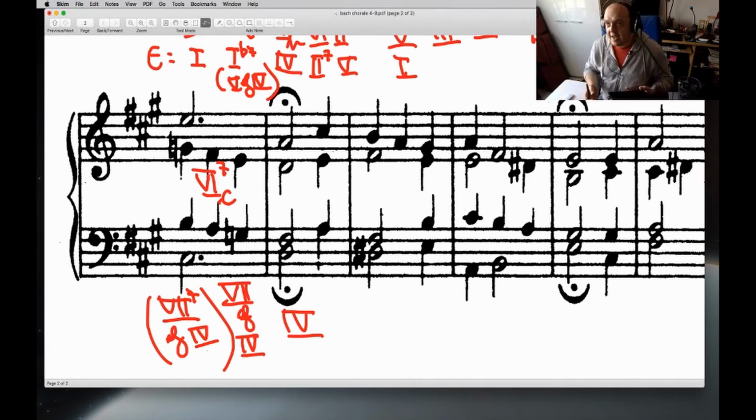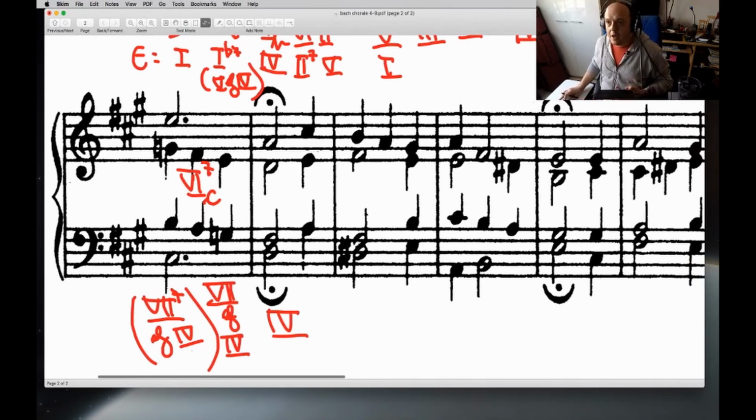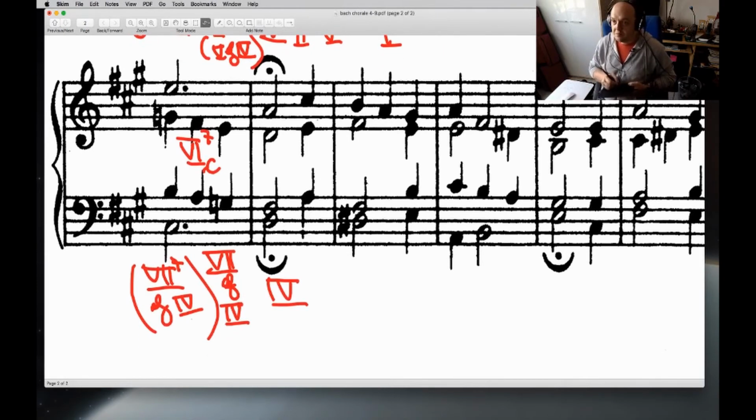It does create a harmony, but I think it's only two passing notes. So 7/7 of 4, 7 of 4, functioning as 5 of 4.